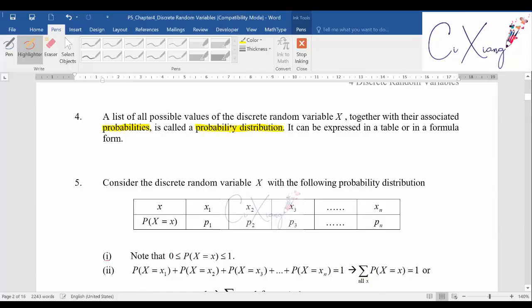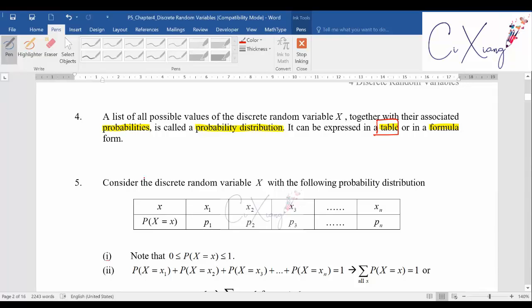Usually you can express a probability distribution in 2 ways. The first one is a table, another one is a formula. Very honestly, the table one is much easier. For the formula, you have to think about the formula yourself, so I don't think it is easy. So usually we just put it in table form.